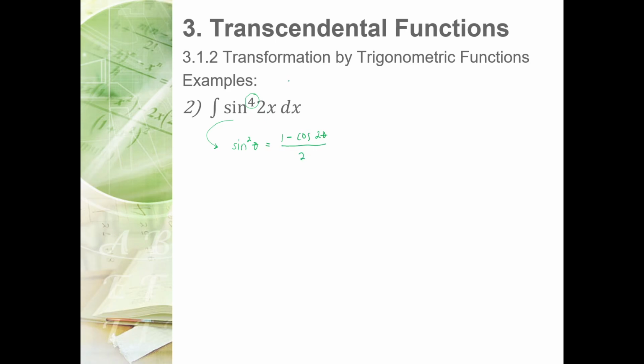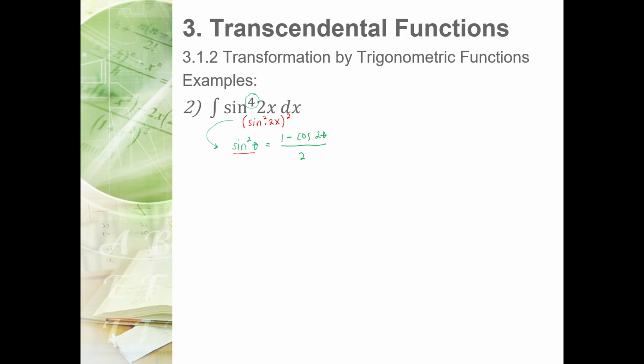So since this one is to the power of 4, we can try to rewrite it as sine squared 2x and then squared, right? We can do that so that we can replace it with this function.